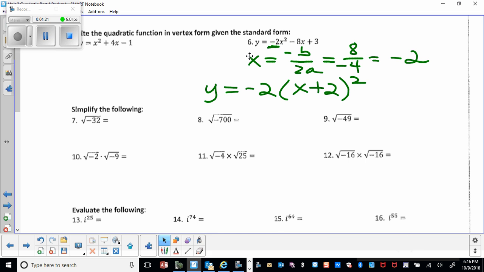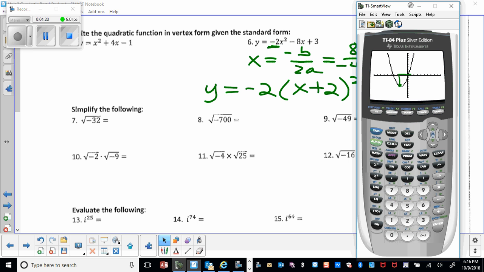So I'll go ahead and I can put that into my calculator. I'm going to quit out of here, and I'll clear that. So I want x to be -2, so -2 store x. All right, and now what is the y value?